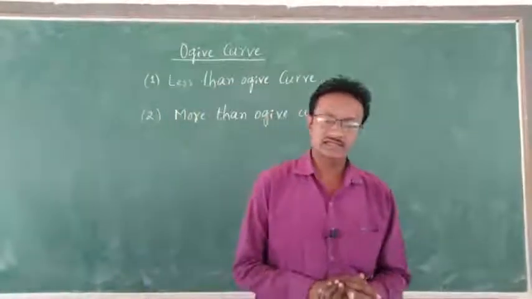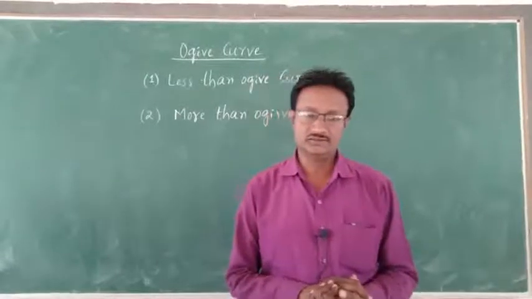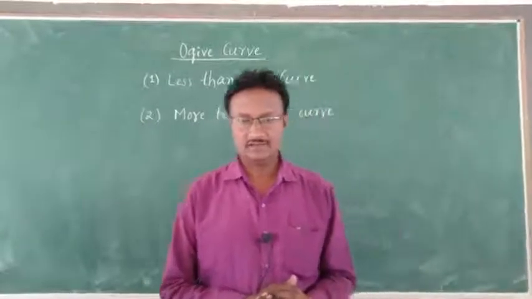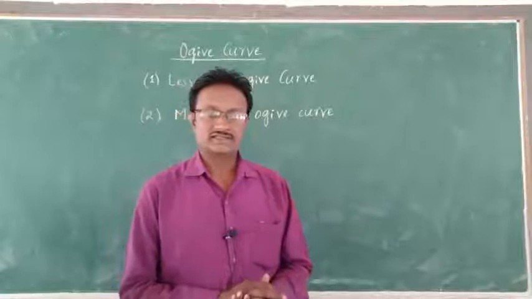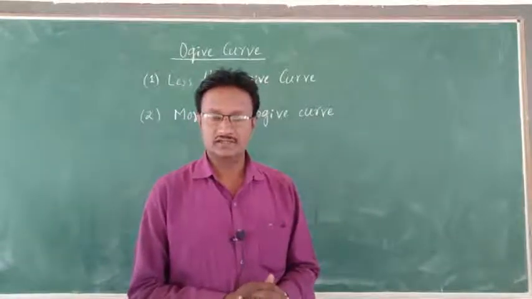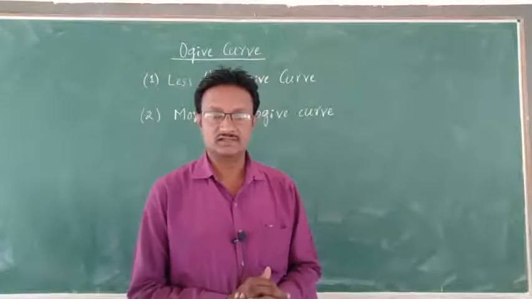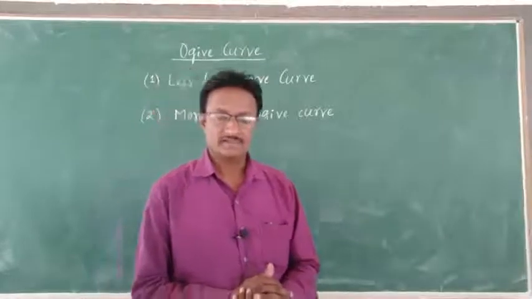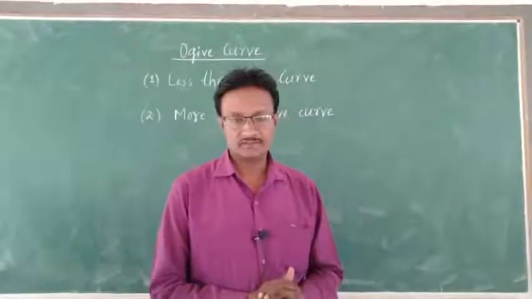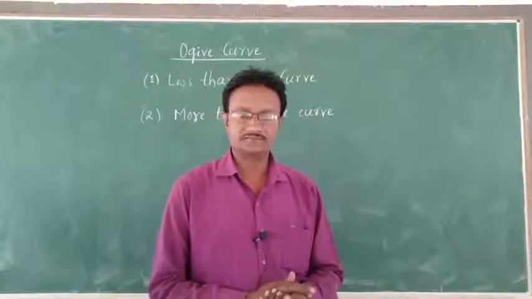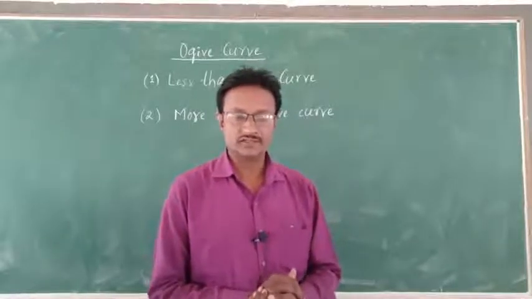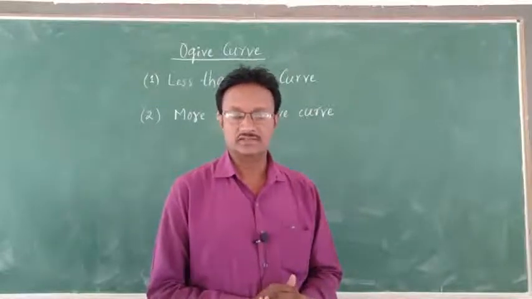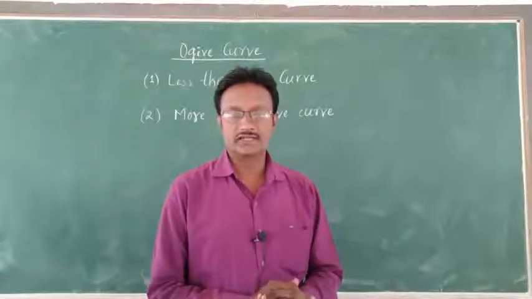Therefore, while constructing less than ogive curve, upper class boundaries are taken on x axis and less than cumulative frequencies are taken on y axis, and corresponding to a class boundary and cumulative frequency, the points are marked and all the points are joined by a smooth freehand curve.